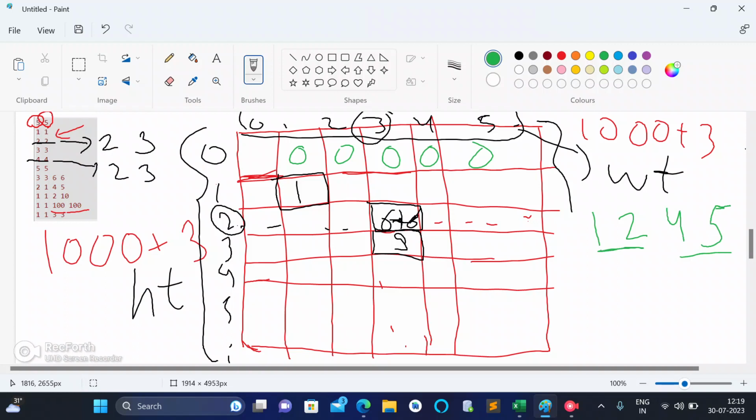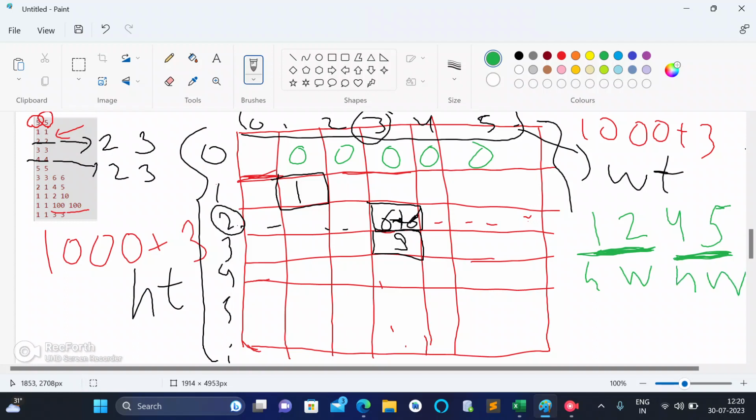Let's say it would be 1 2 4 5. What does it mean? We have to tell all the rectangles which will enclose the rectangle of size 1 cross 2 and which are enclosed within the rectangle of size 4 cross 5.